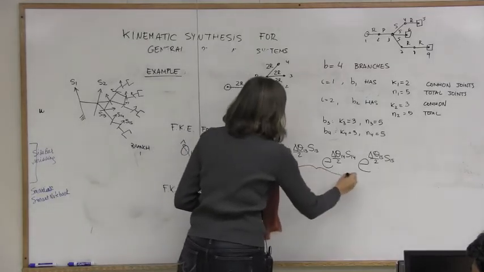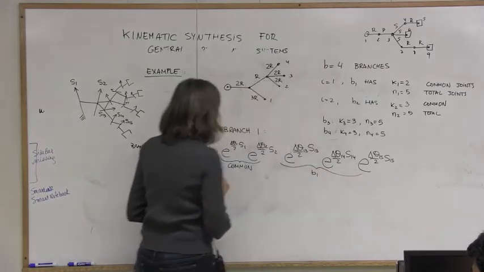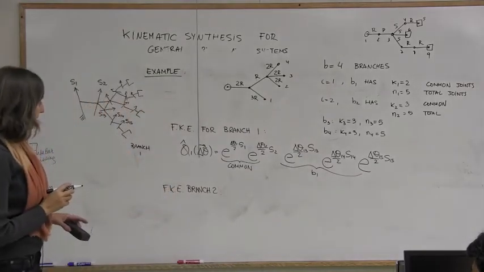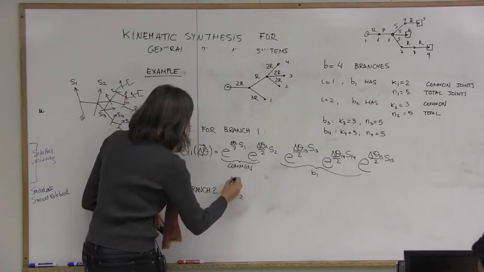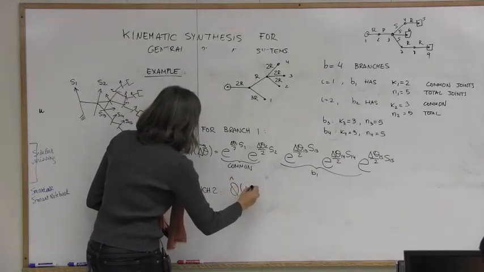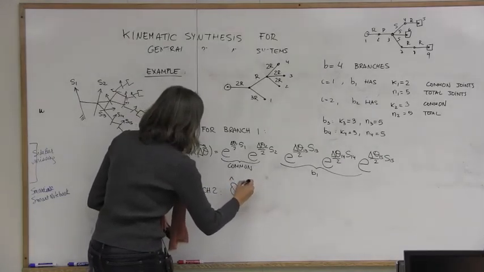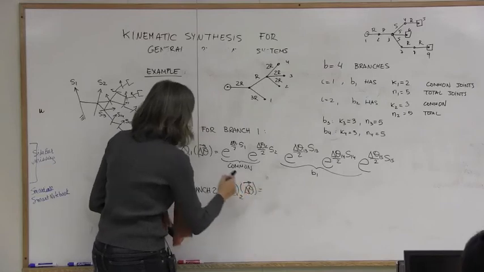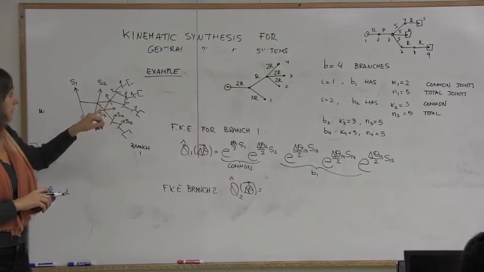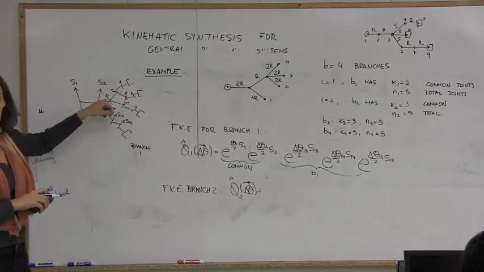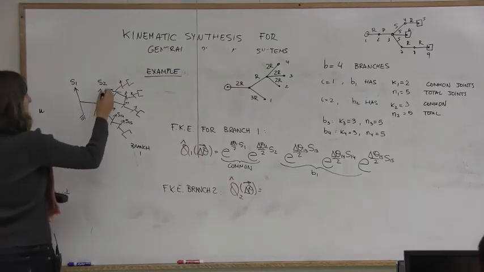And these are the ones that correspond to B1. For kinematics equations for branch 2, Q2 of delta theta arrow equal to common ones. Now we have 3 common ones, and we are going to call this one S3 because it's a common.